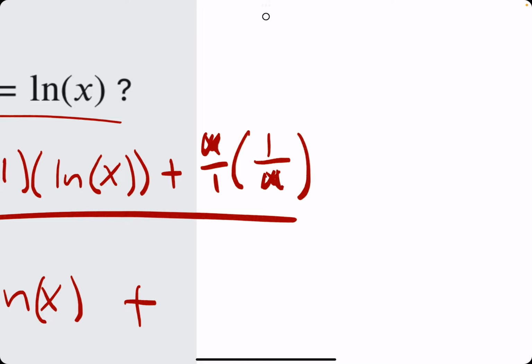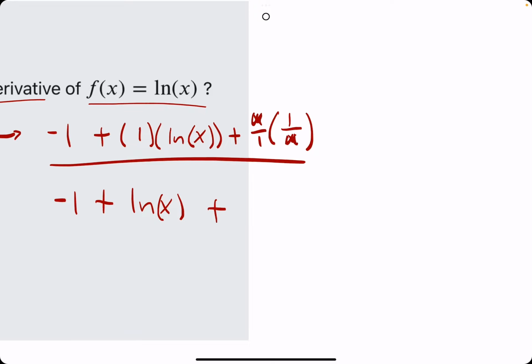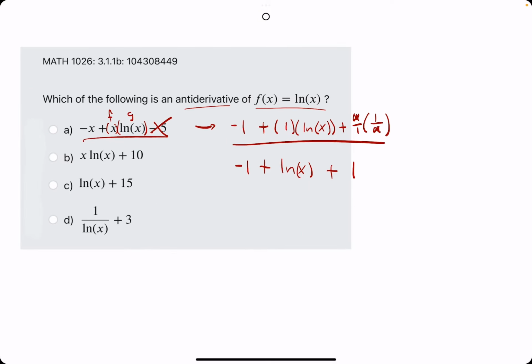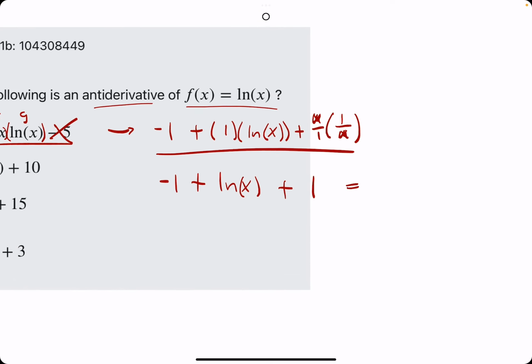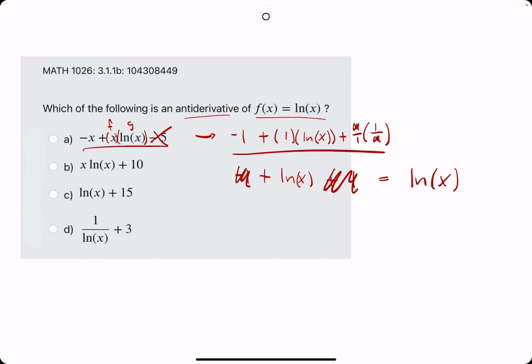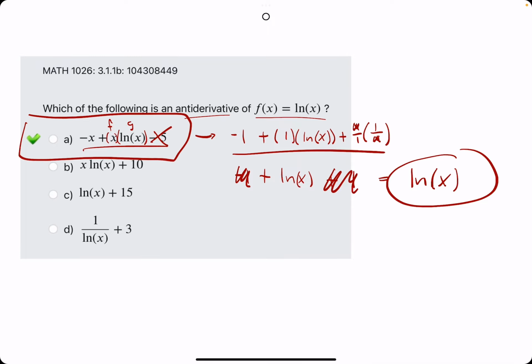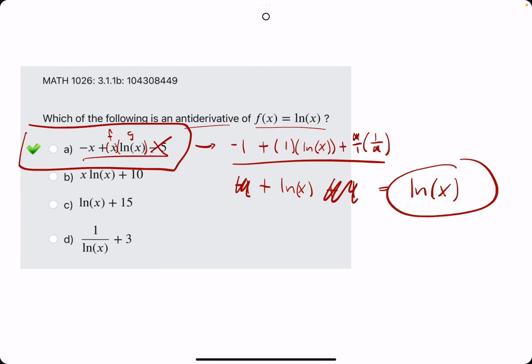The x's cancel, and we're just left with 1 over 1, which is just 1. Negative 1 plus 1 cancel, and so we are left with just ln of x. So actually, this first answer worked out. When we took the derivative of it, we got ln of x, and that's what we are looking for.